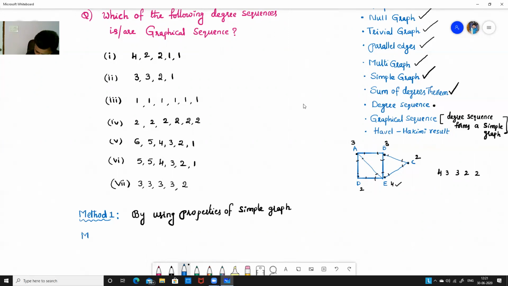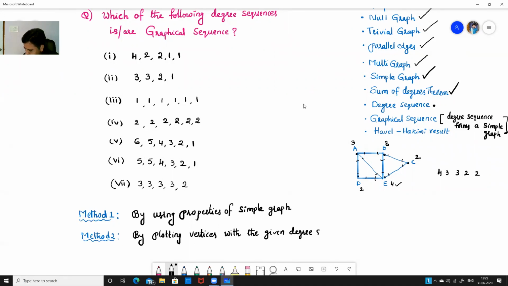And method number two is by plotting vertices with the help of given degree sequences.